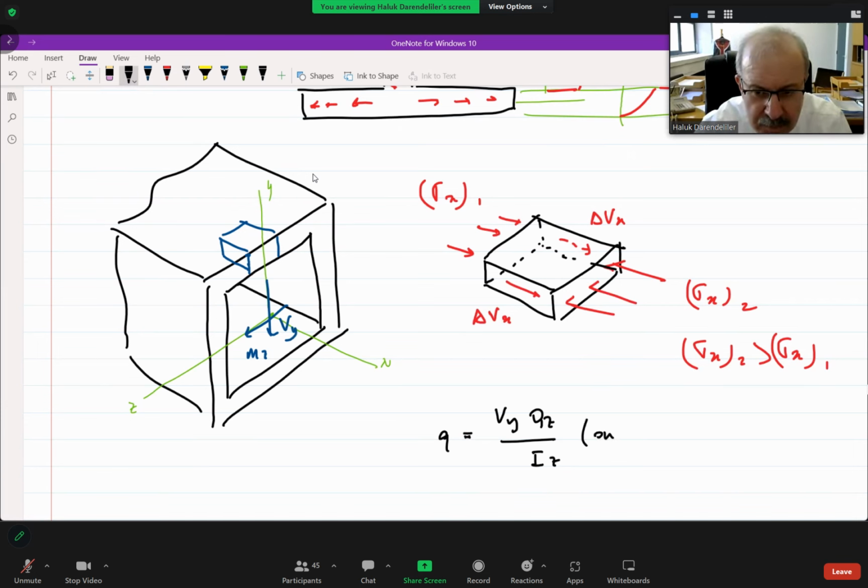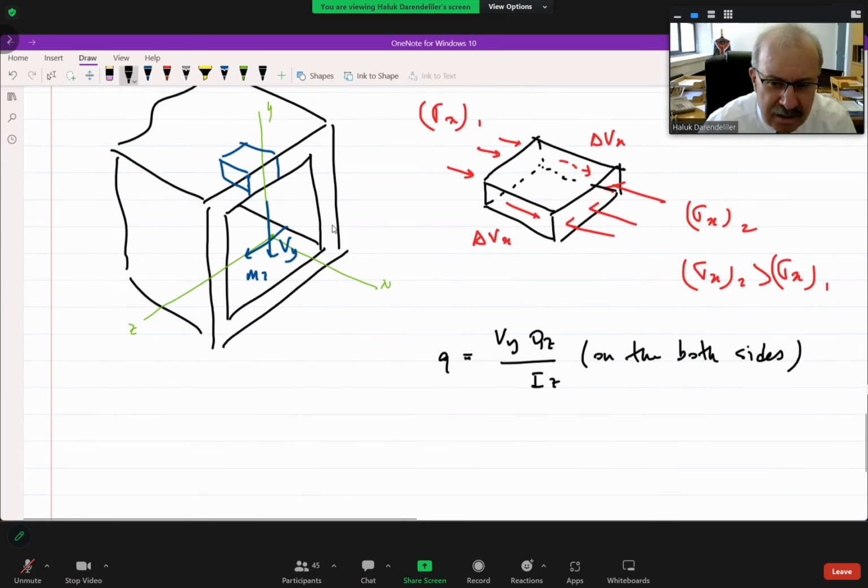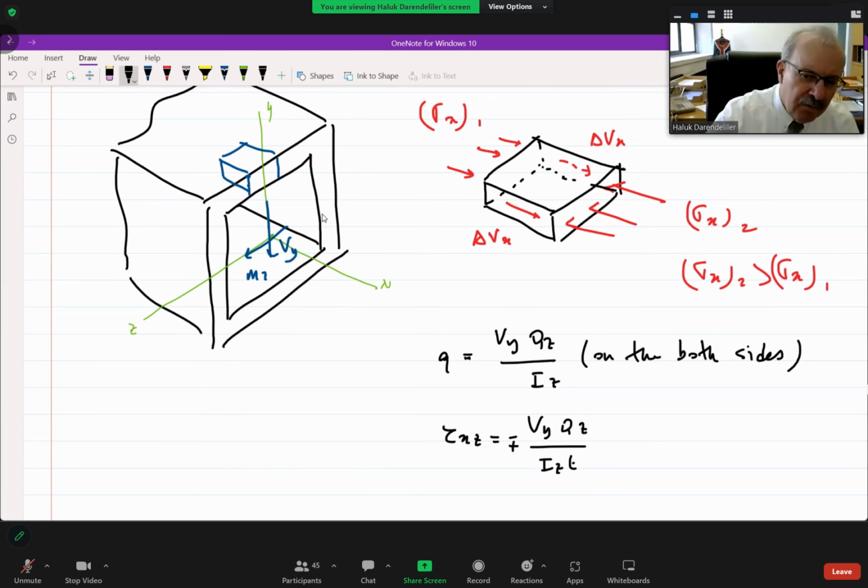On both sides, because we are dividing the member into two by using two surfaces right now. And as a result, as an extension of this, tau xz on the surface is again Vy Qz over Iz times t. It is both plus and minus if we are using both faces.